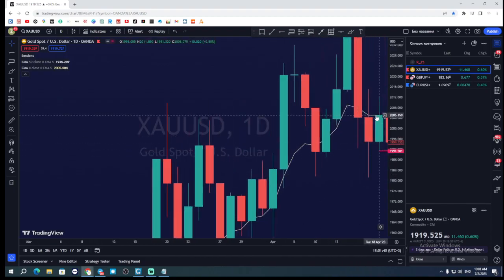We are underneath this 8 EMA. There's been a rejection, and the price action closed literally right into the below price action, so it couldn't break this EMA, and it couldn't break even this high.